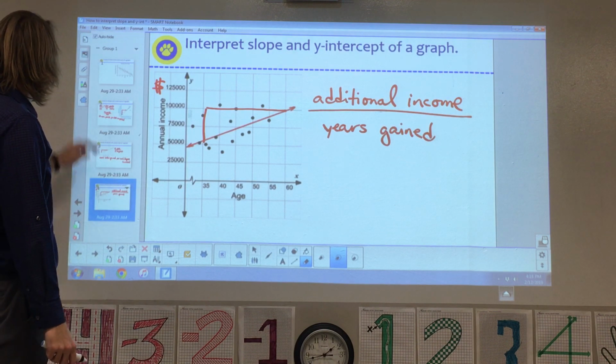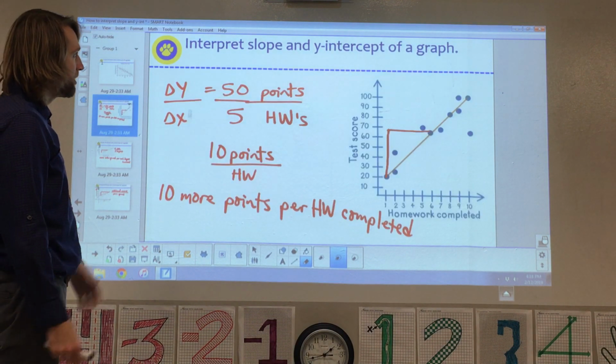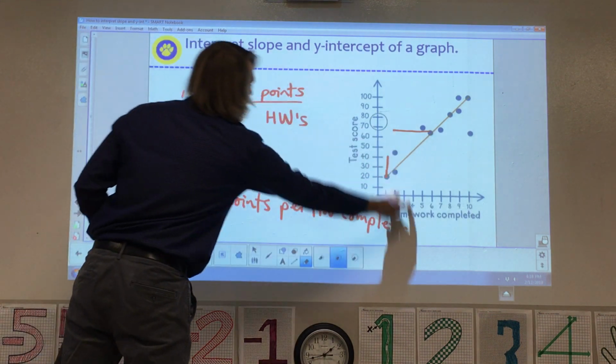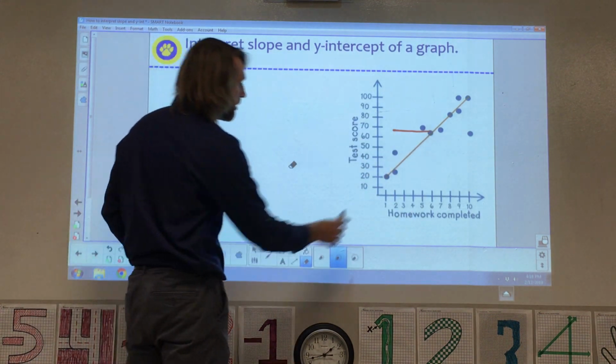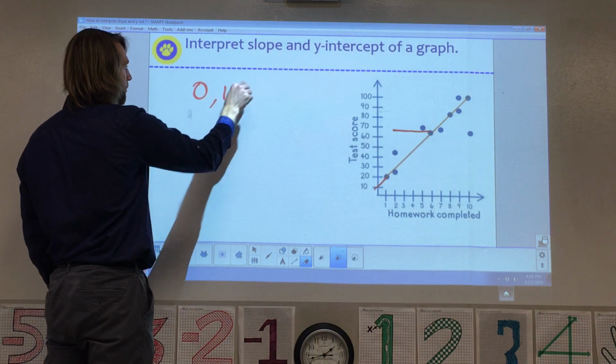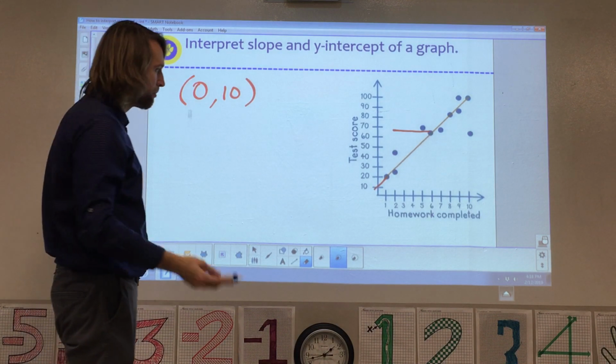So now I'm going to go back and find the y-intercept on each of these. The y-intercept, if I interpret it, would be around here at (0, 10). And now I just go see what the labels are.